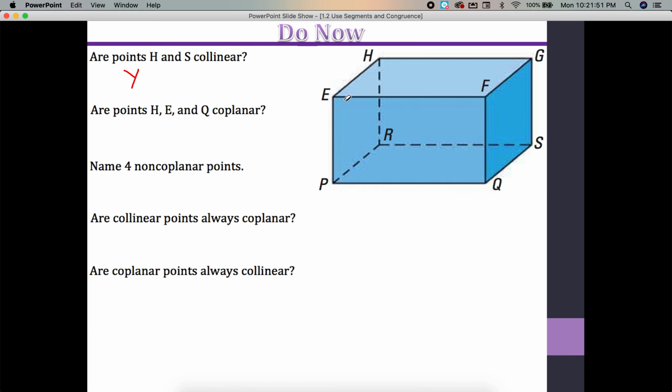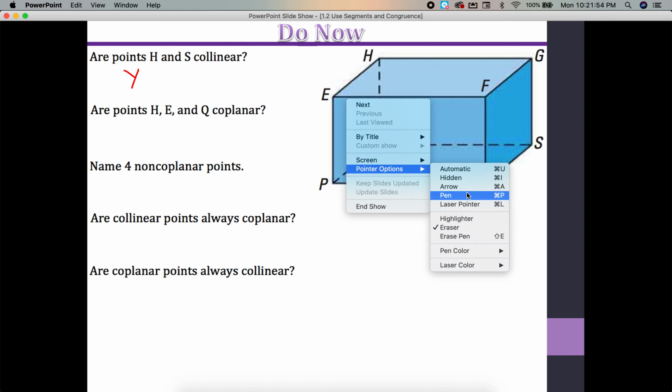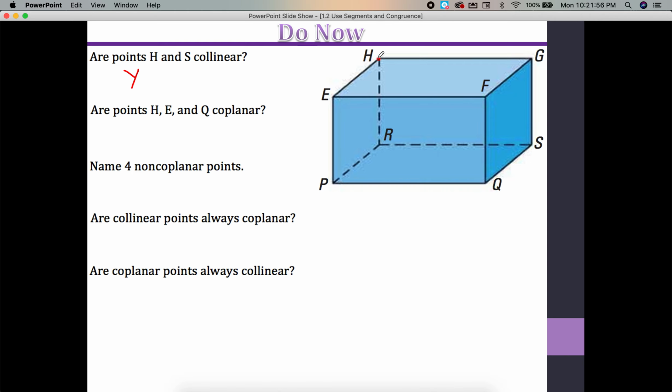So you may be thinking to yourself, I don't see the plane that goes through these 3 points. But it definitely is the case that such a plane exists. If I were to connect E to H to Q, what it would make is a triangle, obviously. And triangles are planar objects. A plane can pass through a triangle, so why wouldn't these 3 points be coplanar?